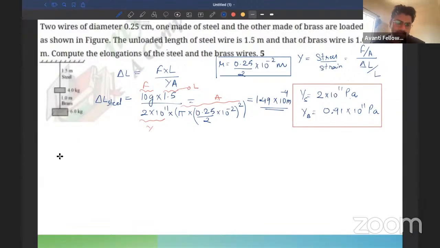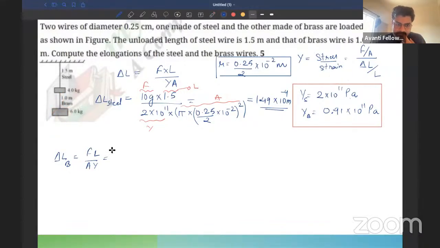Let's also find the change in length of brass wire. Again, same formula, FL upon AY. Force on brass wire, very important. This is brass wire. This is block. ये block उससे लटका हुआ है. This block is hanging. So force on brass wire will be the block which is hanging, right? 6G.